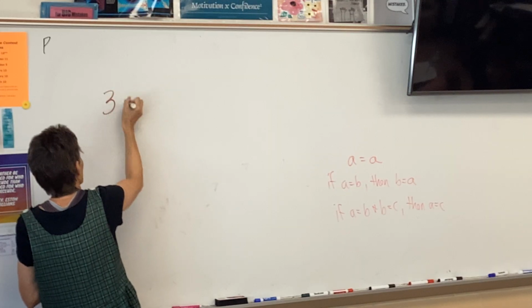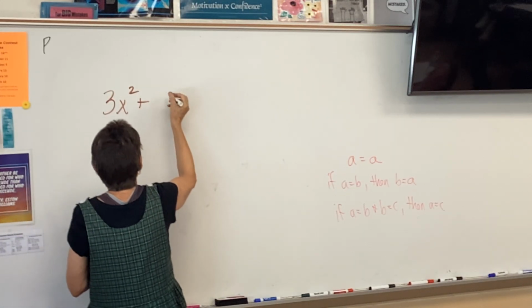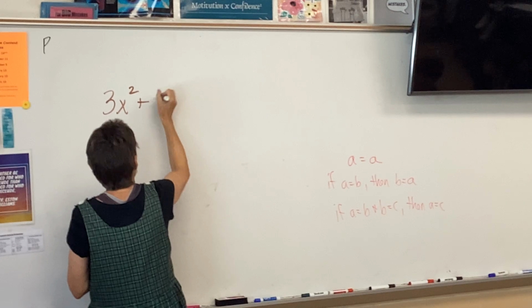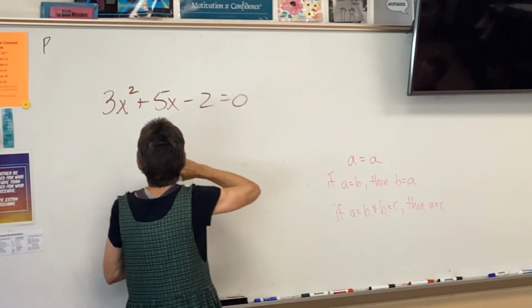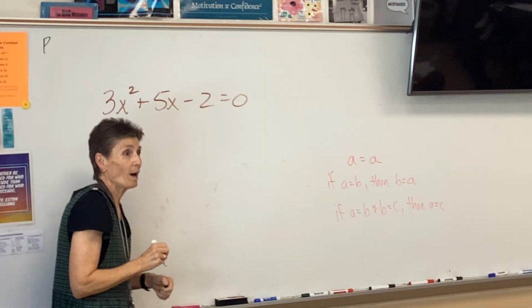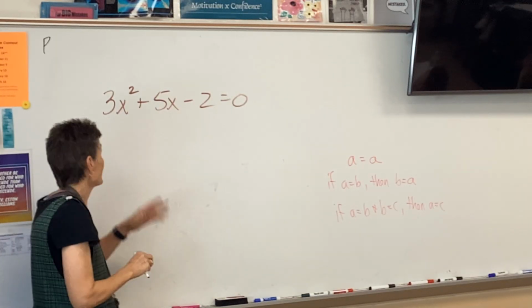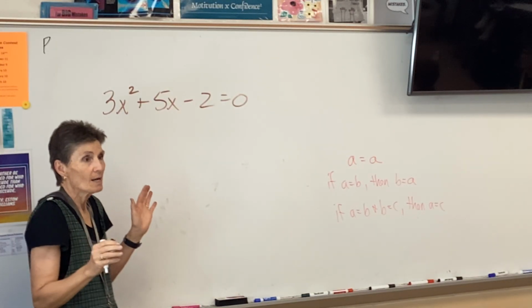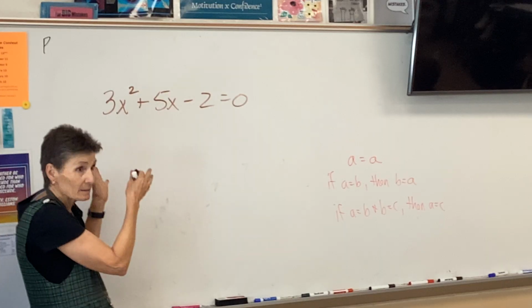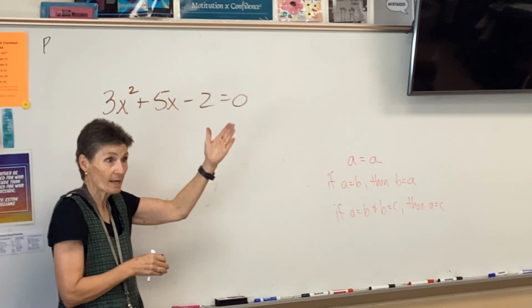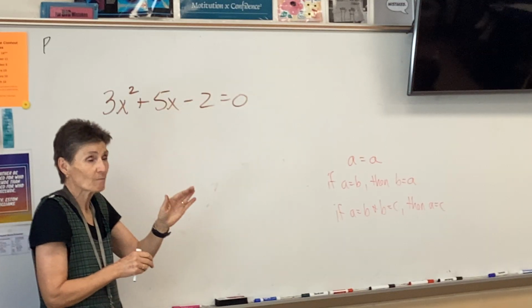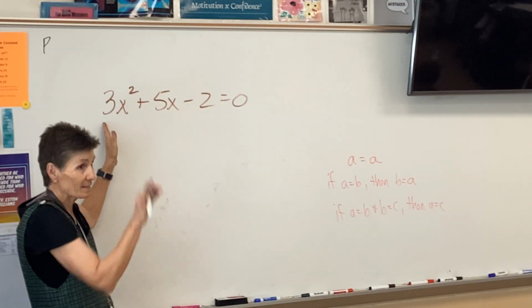let's say we have 3x squared plus 5x minus 2. If I'm doing the quadratic formula, then I don't care what the numbers are. I'll just leave this exactly like it is, A, B, C. In the quadratic formula, A can be anything except 0.